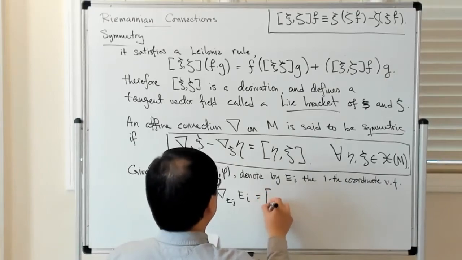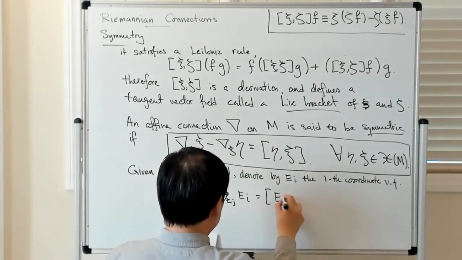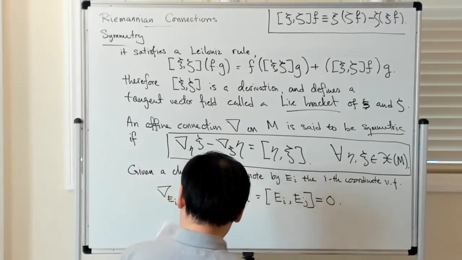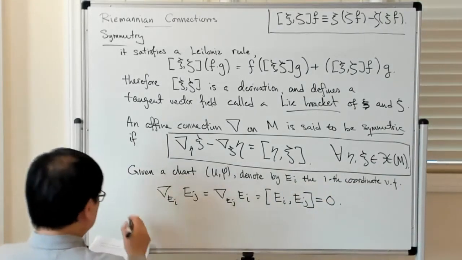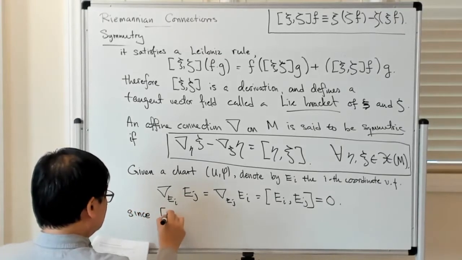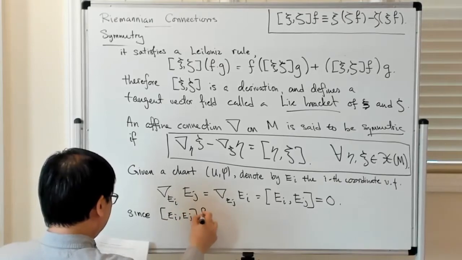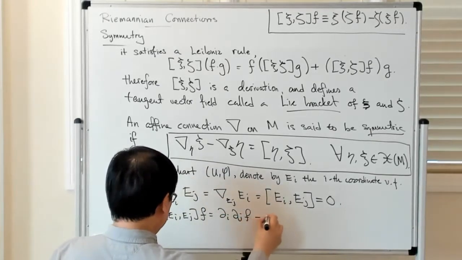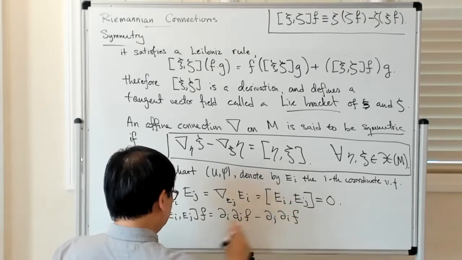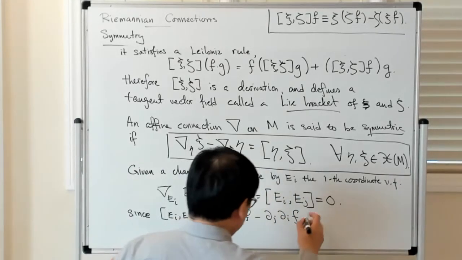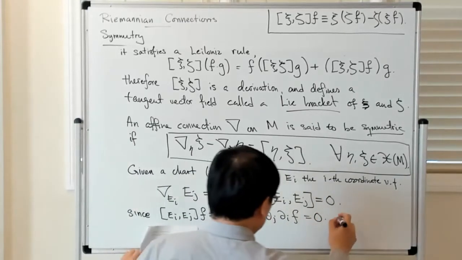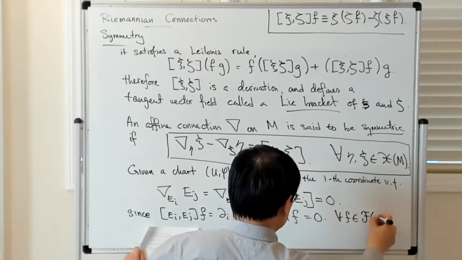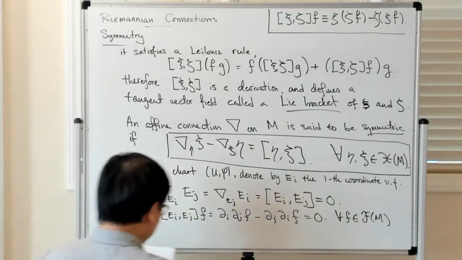This is equal to the Jacobi-Lie bracket of these two coordinate vector fields, which is 0. This is because the bracket of E_i, E_j acting on F is d_i d_j acting on F minus d_j d_i acting on F, which is the equality of mixed partials, that is 0 for all F in smooth real valued functions on M. So it has to be that this thing is the 0 vector.